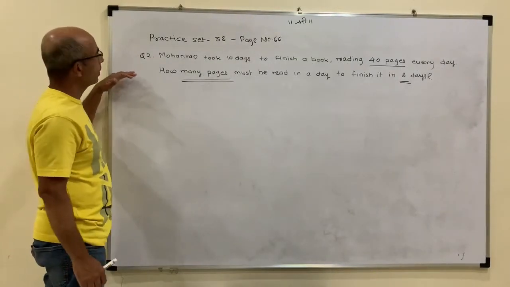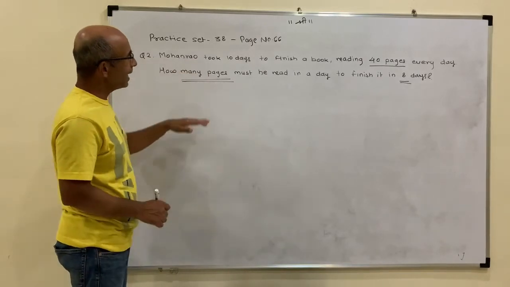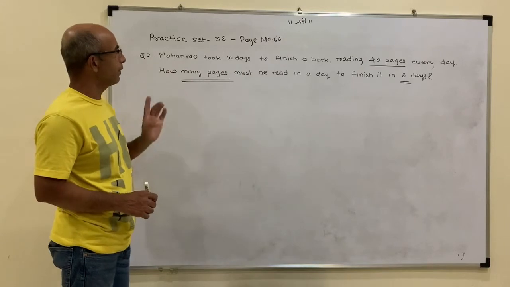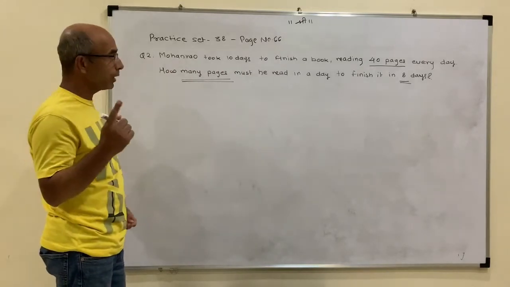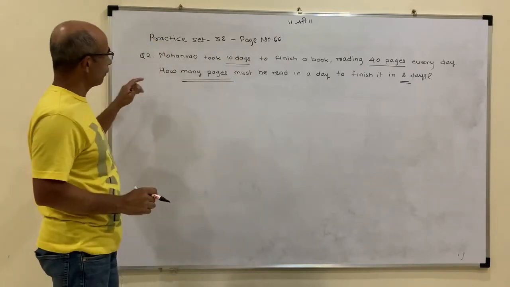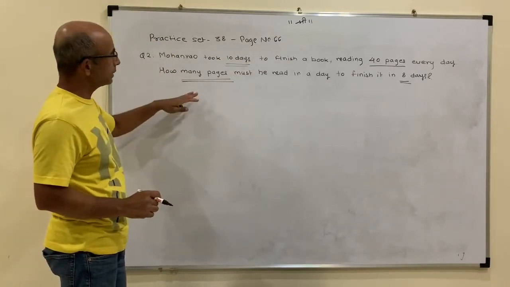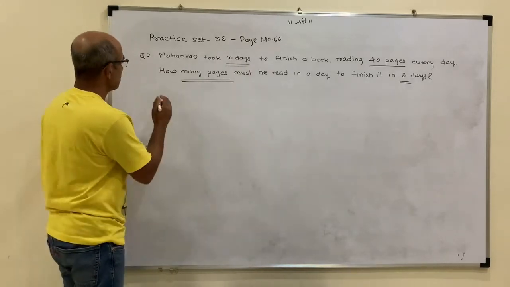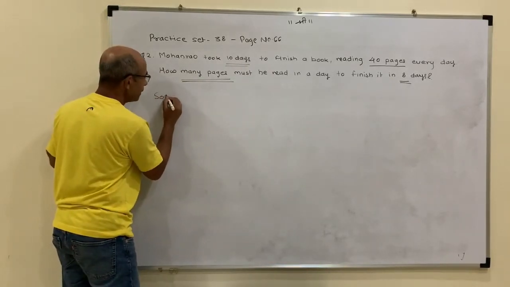Question number 2. Mohan Rao took 10 days to finish a book, reading 40 pages every day. When he reads 40 pages, he needs 10 days. What we need to find is how many pages he must read to finish the book in 8 days. So now what is to be found?